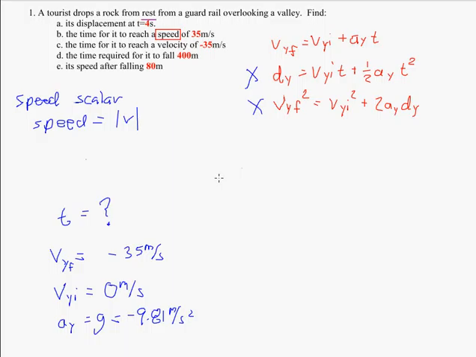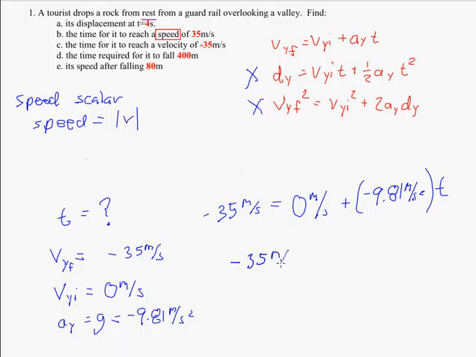So you're going to get VYF, which is negative 35 meters per second, equals VYI, 0 meters per second, plus AY, which is negative 9.81 meters per second squared, times time. Now you see you got a nice little formula. You can simplify this.